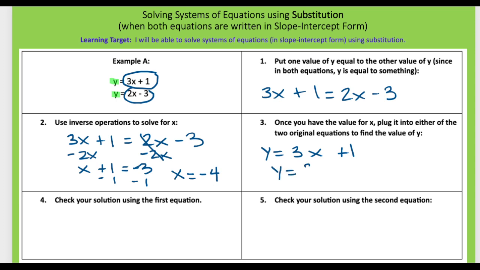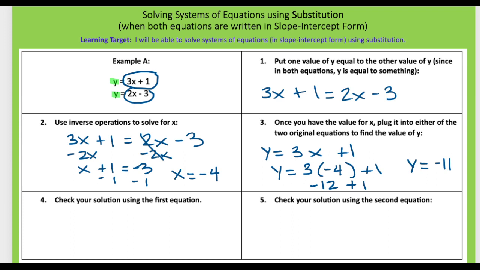So that's 3 times negative 4 plus 1. 3 times negative 4 is negative 12, and negative 12 plus 1 is negative 11. So that means the y part of my solution should be negative 11.